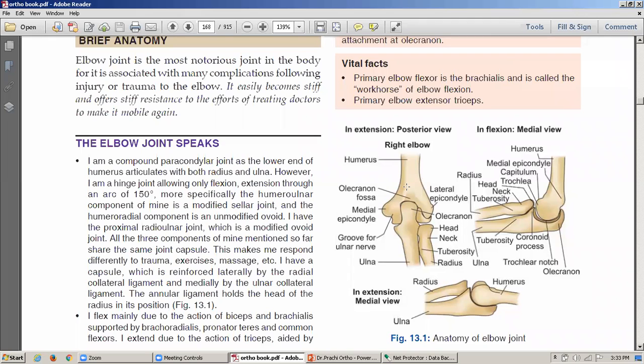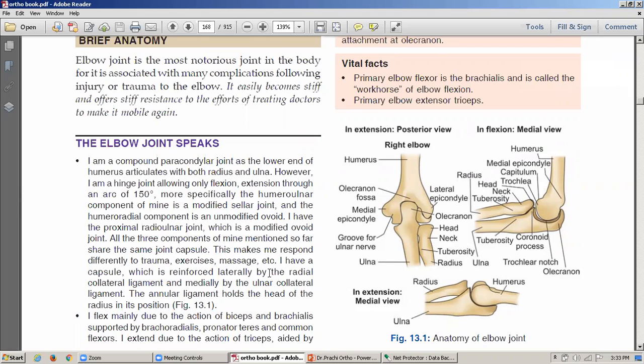The humerus and the ulna, that is the humero-ulnar joint, is the hinge joint, and the humero-radial joint is a modified ovoid joint. All three components share the same joint capsule.